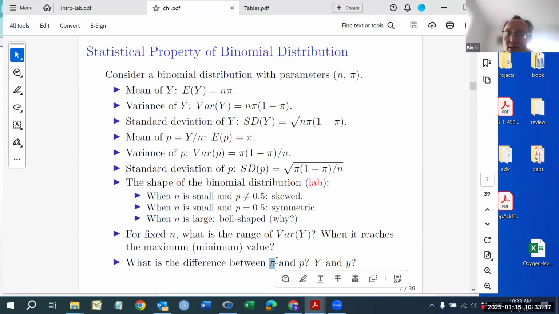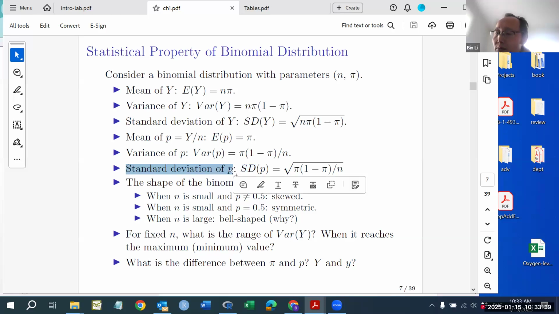If you didn't watch the recording for the first lecture, just review that after class. So the question is, some of you may wonder why we need a standard deviation of p, which is known.